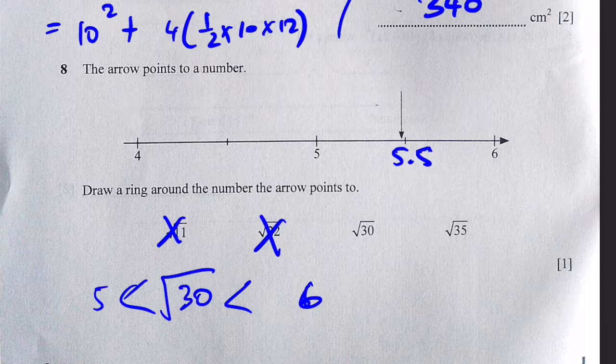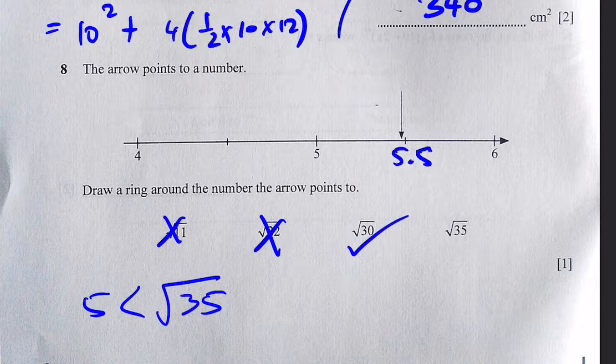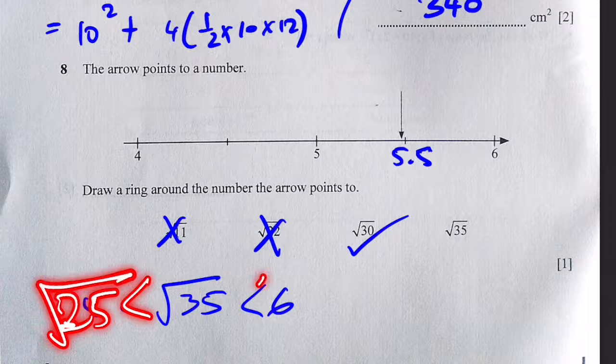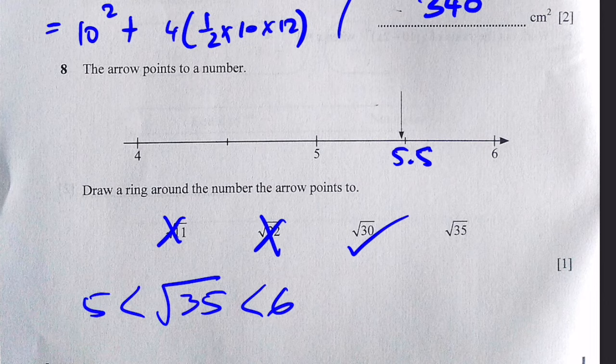But we can't decide yet because we need to consider the last option, which is root 35. Root 35 is also in between 5 and 6 since it is greater than root 25 and it is also less than root 36. 35 is in between the two numbers, right? So that can also be there, but which one's correct?